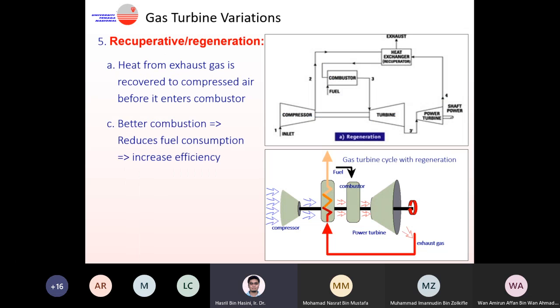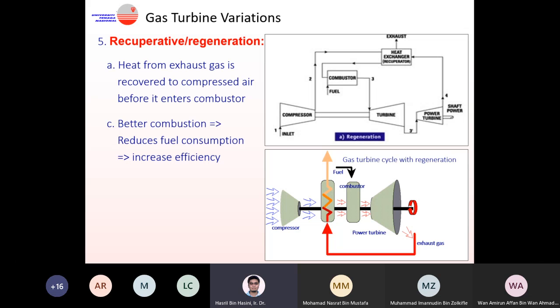Okay, and then we have another method here, recuperative or regeneration. So how does it work? If you look at this diagram, this is the regenerative or regeneration method. It means that you are utilizing heat from the exhaust gas to heat up air that goes into your combustor.